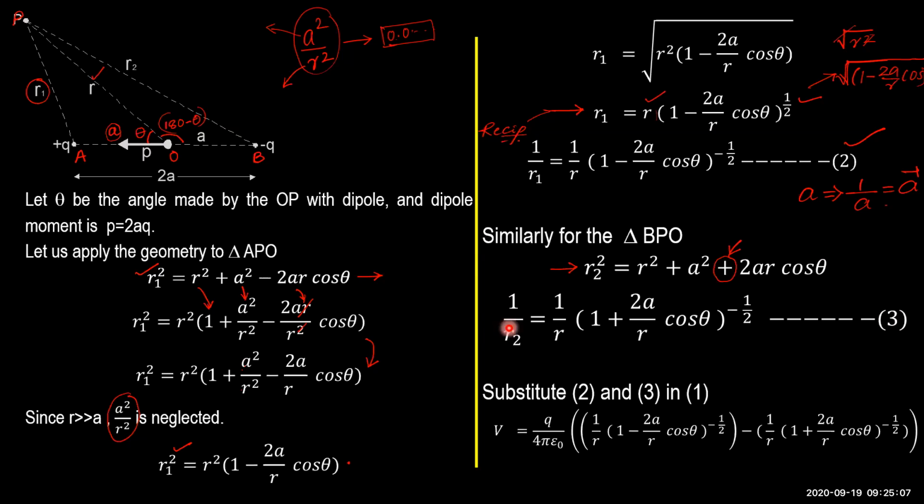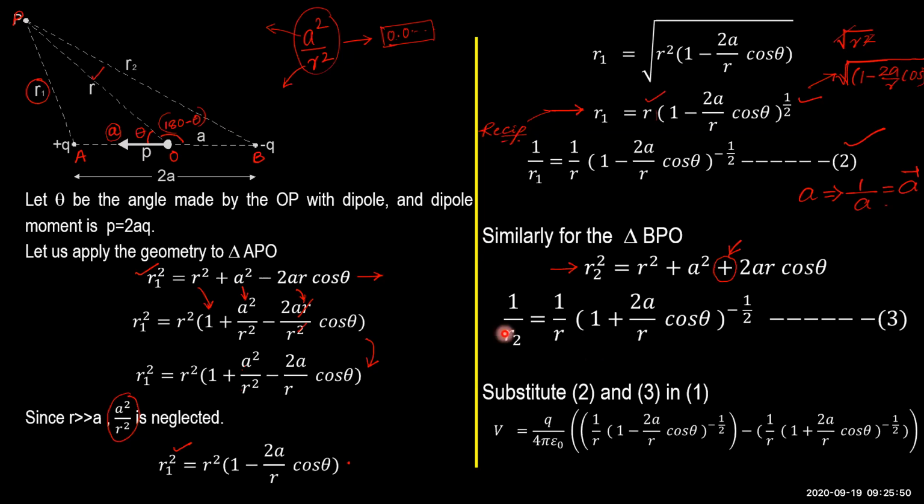That equation is 1 by r2 is equal to 1 by r into 1 plus 2a by r cos theta whole raised to minus 1 by 2, by adopting similar steps here. Do you have any doubt regarding equation 3? Otherwise we have to write all these steps once again. Basically this theorem is lengthy, so it would increase further. Therefore we have written similarly and took the equation directly, right?